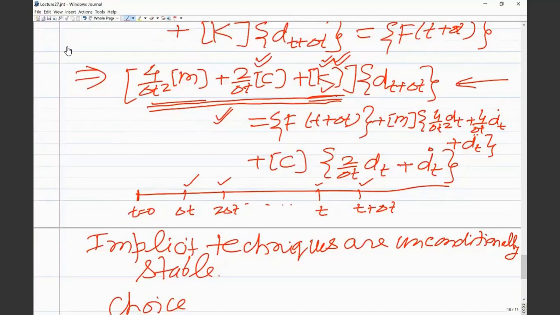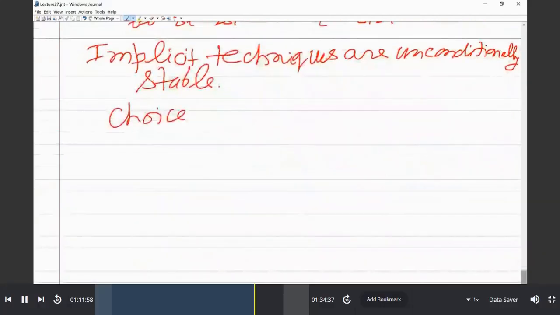If it is linear, it is straightforward, but for nonlinear problems you have the equation in this form and employ Newton-Raphson to solve it. That is the additional thing you need to do.